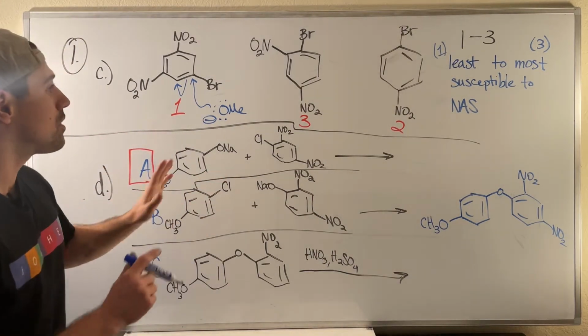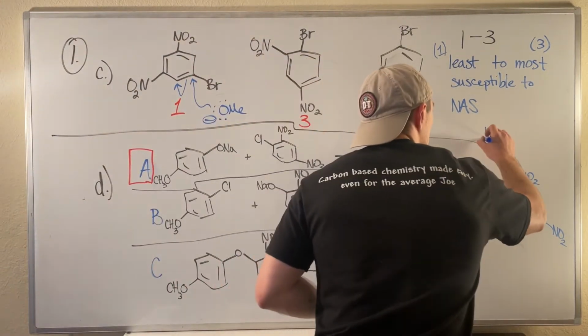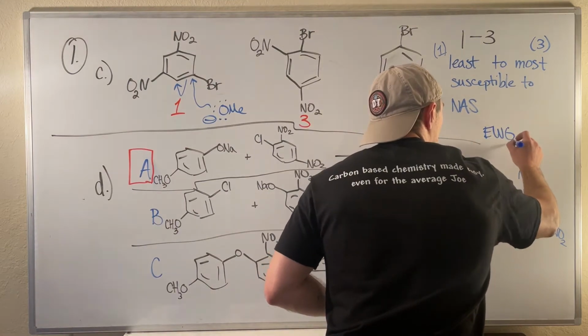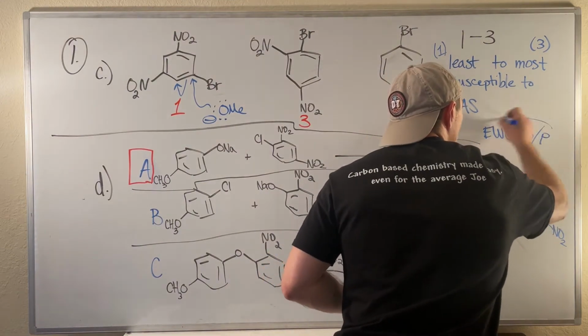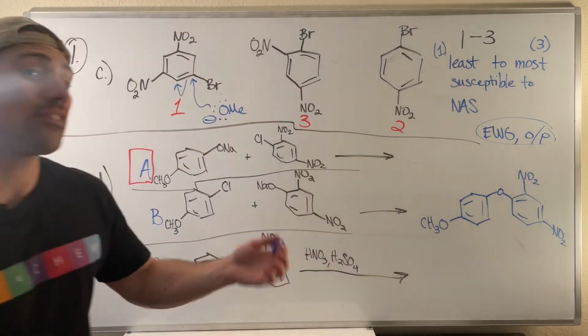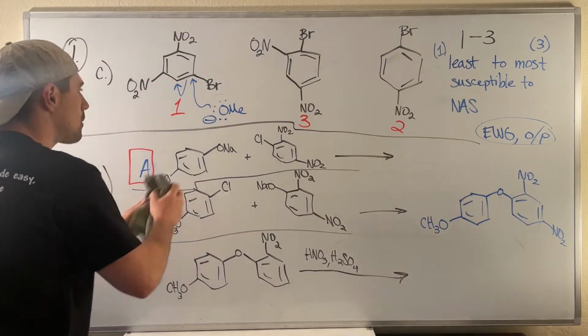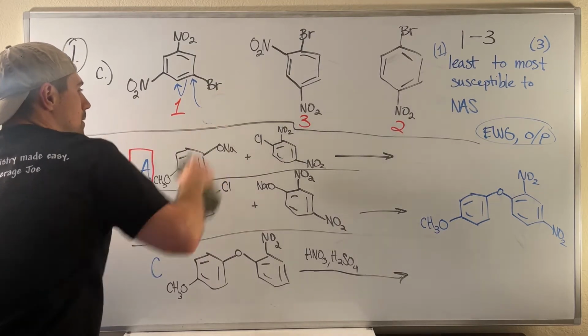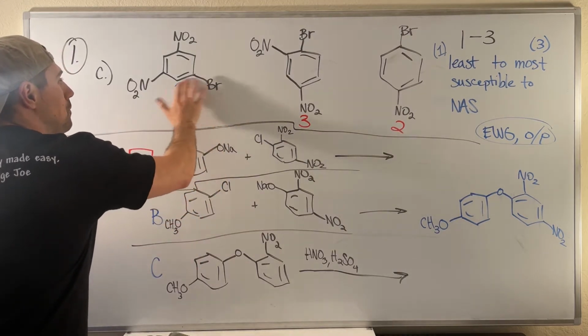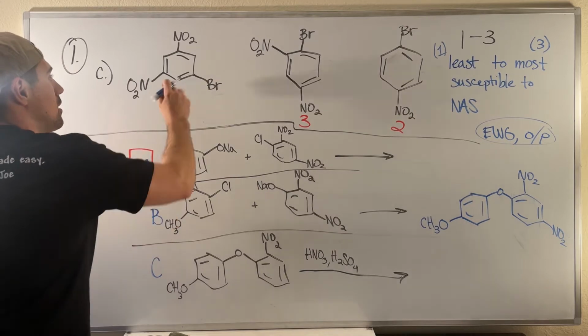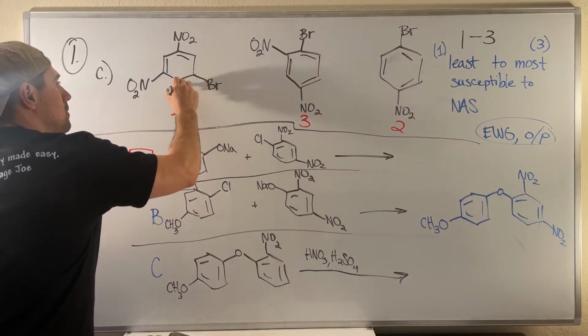So one thing we do like is electron withdrawing groups, and we like them ortho, para to the attack site, to where our leaving group is. So if we take a look right up here, I'm going to erase this. Let's just say I put a lone pair right here.